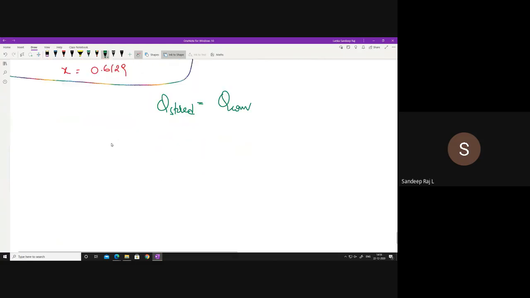Q stored is m Cp into (T in minus T out), which is equal to Q convection, that is h into A into delta T, where delta T is T wall minus (T in plus T out) by 2.